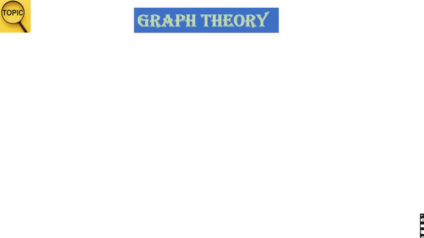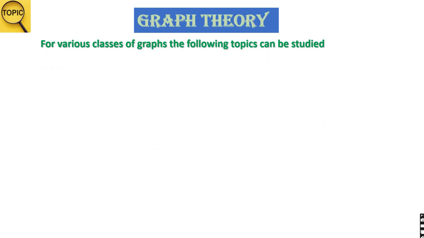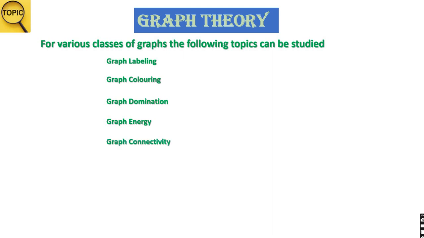Then in graph theory, for various classes of graphs, the following topics can be studied: graph labeling, coloring, domination, energy, connectivity, graph isomorphism, graph matchings, graph algorithms. So all these can be explored, and again there are a lot of other topics too. Very few we have mentioned here.